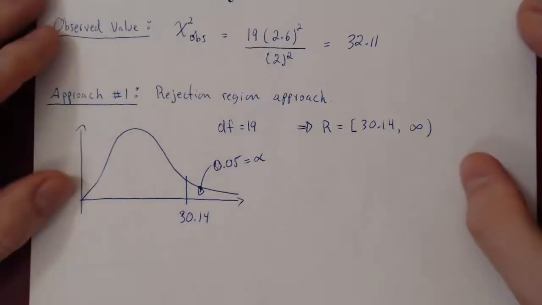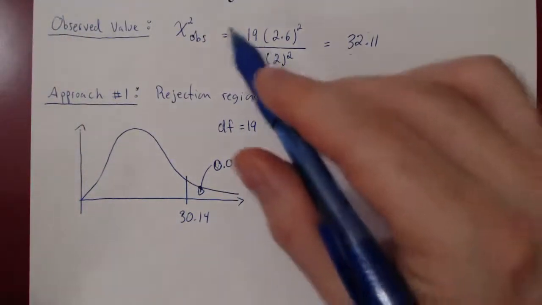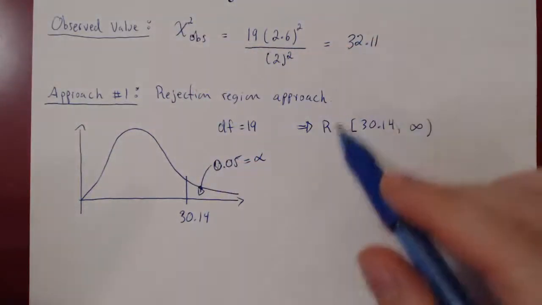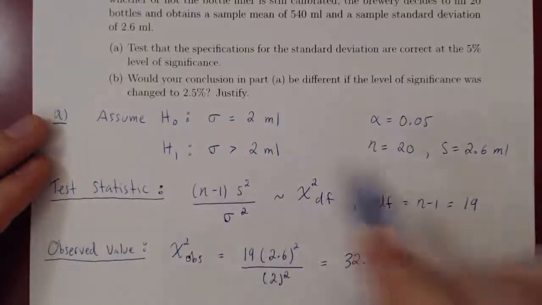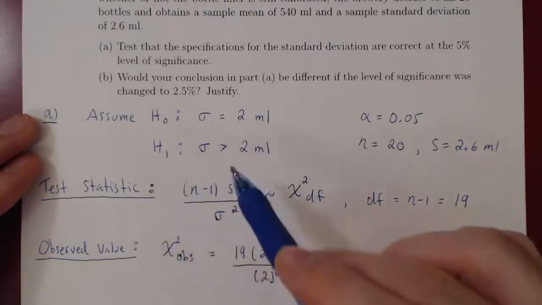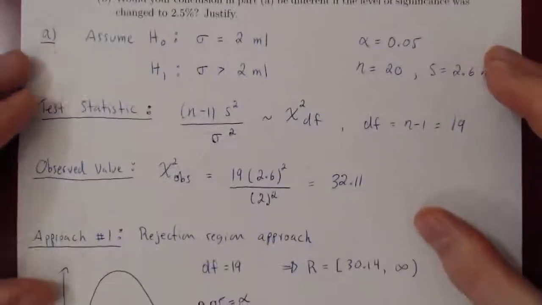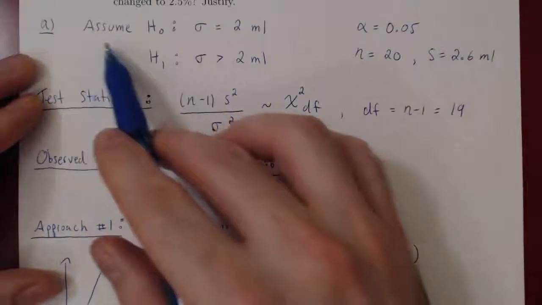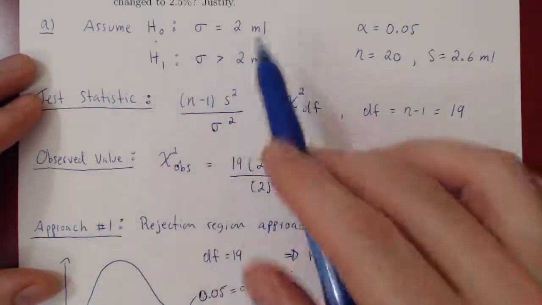Now think of it. The question is, how do we use our observed value of chi-squared and our rejection region to make a decision as to whether we should accept H0 or reject it and accept H1 instead? We are assuming that H0 is true, giving H0 the benefit of the doubt.